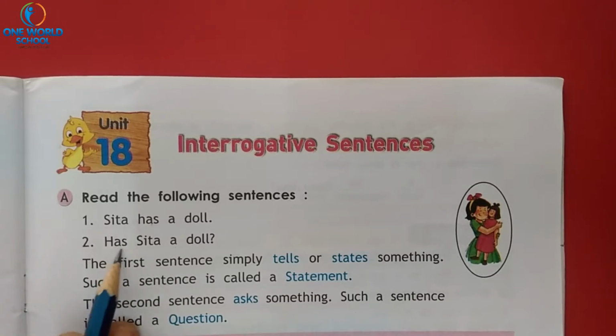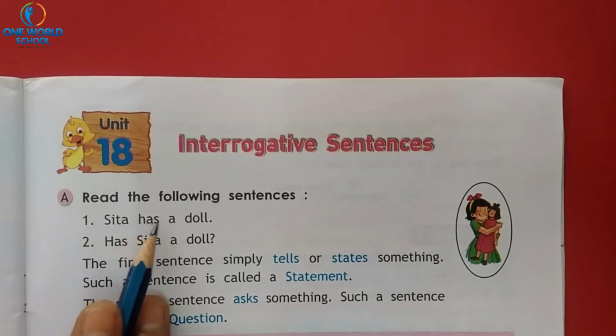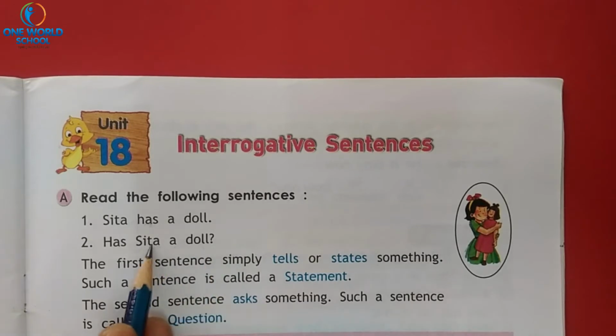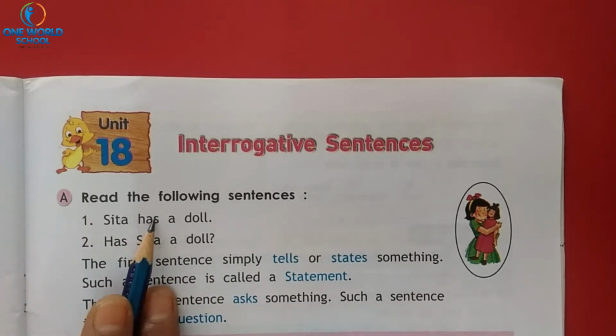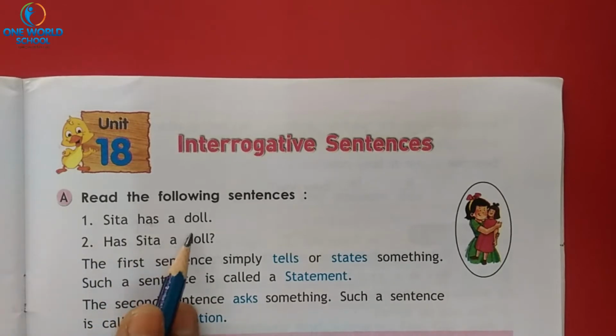So this type of sentence is called a statement, and this type of sentence is called a question. That means this sentence asks something, but this statement tells something. This statement has a question mark at the end of the sentence.